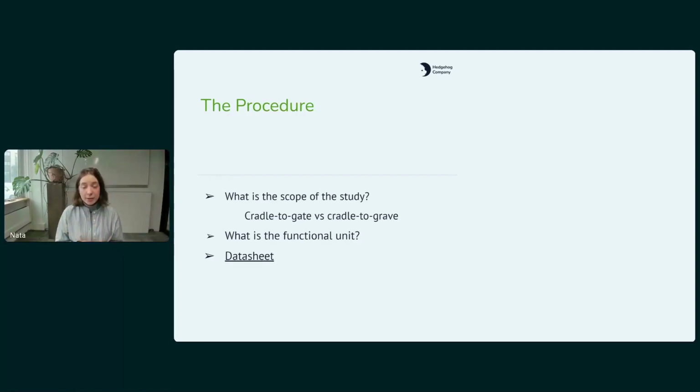However, if you're having trouble filling out the data sheet or collecting certain data, please do not wait for weeks and weeks, but contact us, and then we can understand together where the problem lies and find a solution together. That's why we like to have regular meetings with the client as well. Also, if you have filled out almost the whole data sheet but a little bit of the data is still missing, don't wait, just send it to us and we can start the assessment and the modeling, so translating the data into impact, before we have the rest of the data.